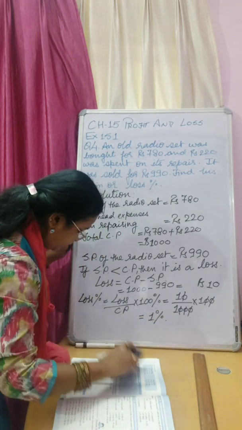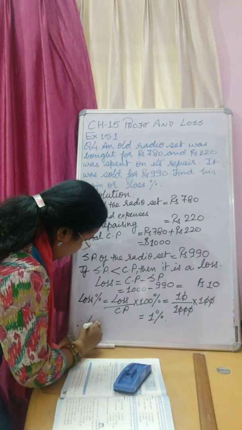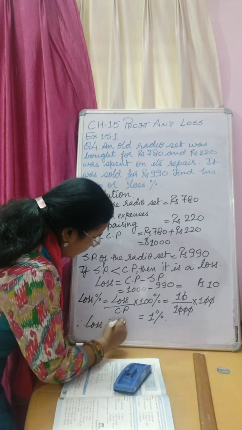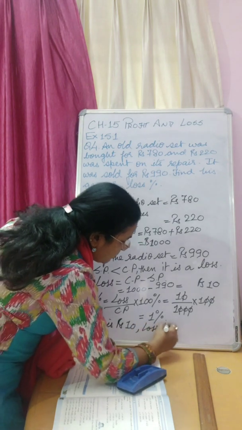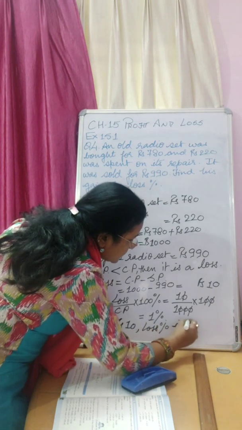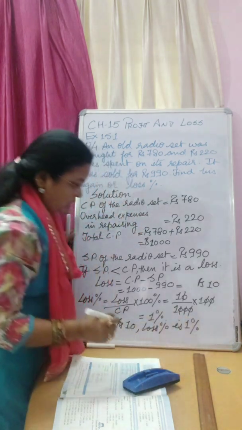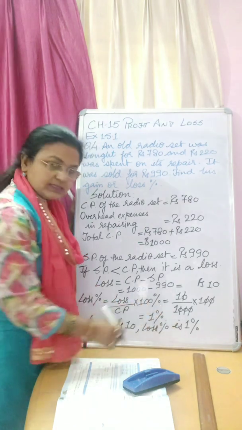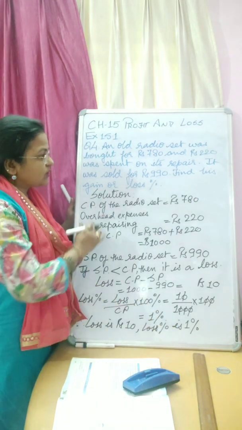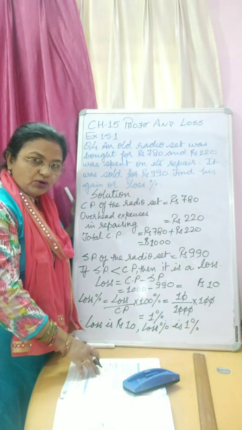So loss is rupees 10. Loss percent is 1%. This is how we are going to find out the gain or loss percent.